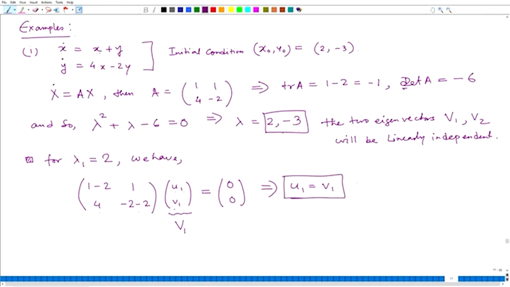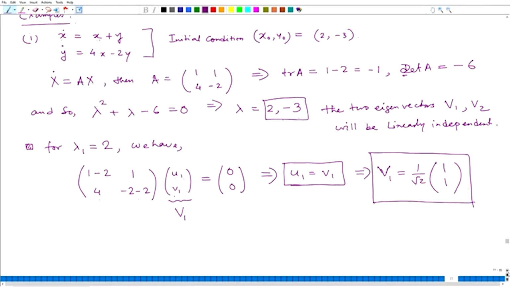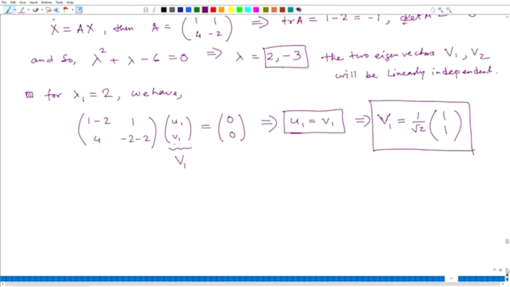I can now construct the normalized eigenvector, which can be given by capital V1 equal to 1 over root 2 times [1 1]. As for constructing normalized eigenvectors, you all know the trick. If you do not know, just go through some books of linear algebra. There can be various possibilities. u1 and v1 are just the same, but you can write u1 equal to 2, v1 equal to 2.